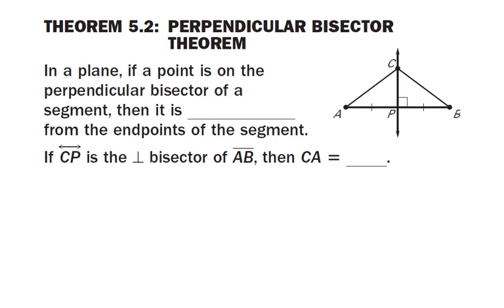All right, what the perpendicular bisector theorem tells us is that in a plane, if a point is on the perpendicular bisector of a segment, then it is equidistant from the endpoints of the segment. So looking at our picture here, we can see that CP is the perpendicular bisector.